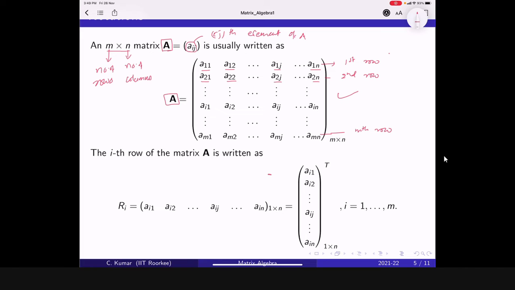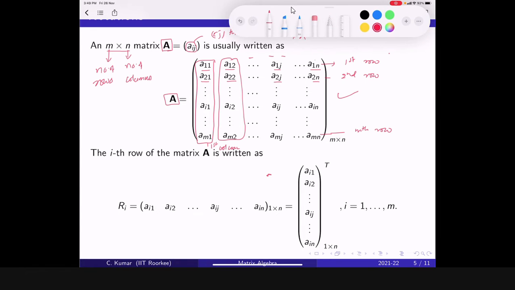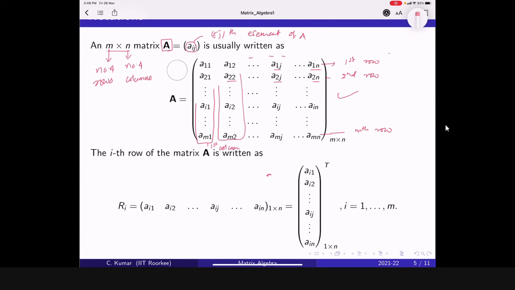And the columns are, these are the columns. This is the first column. This is the second column, and so on. Okay. So this is how a matrix is represented.